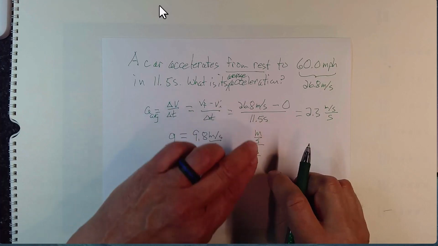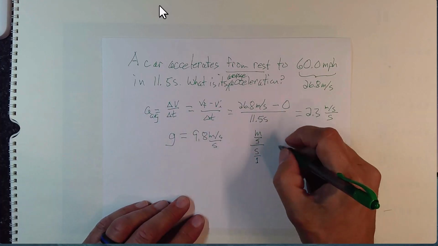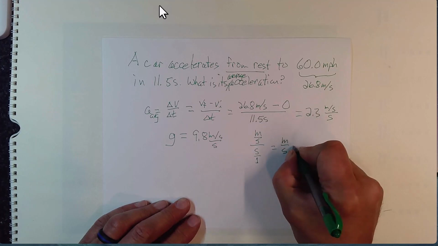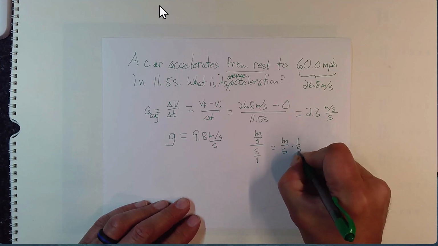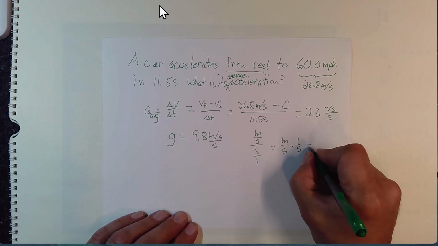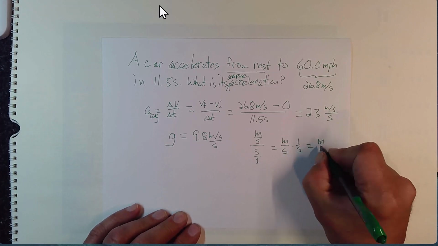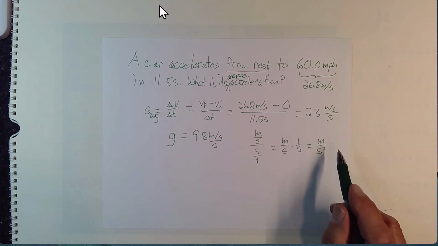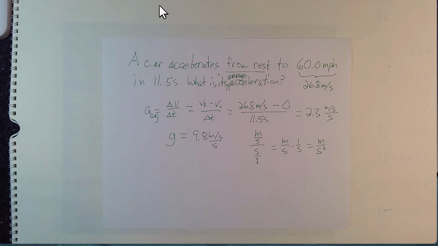When you divide a fraction by a fraction, you invert and multiply, and you get meters per second times 1 over seconds. Multiplying the m by the 1 on the top doesn't do anything, but you end up with meters per second squared. And that's the way we usually express an acceleration in the United States.